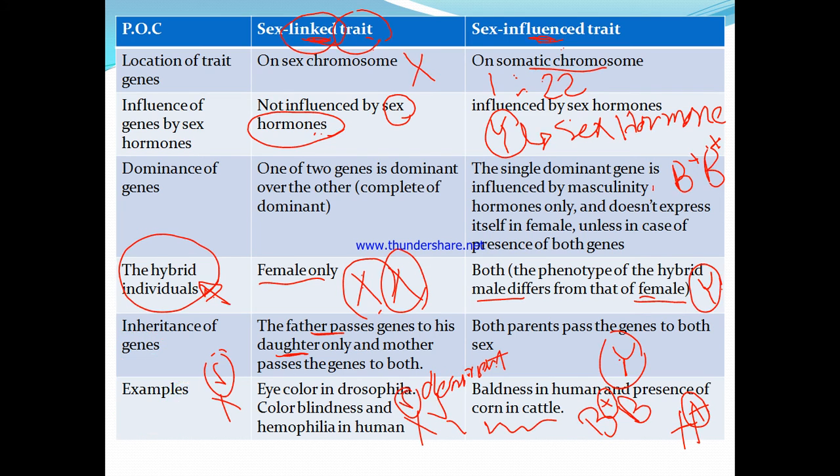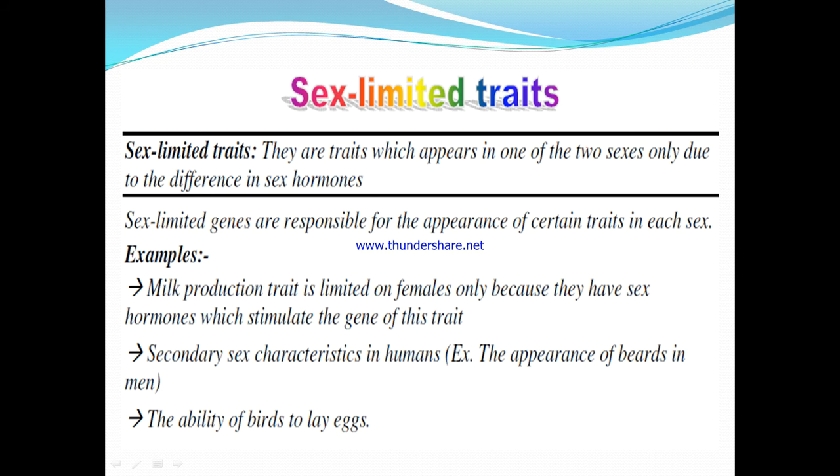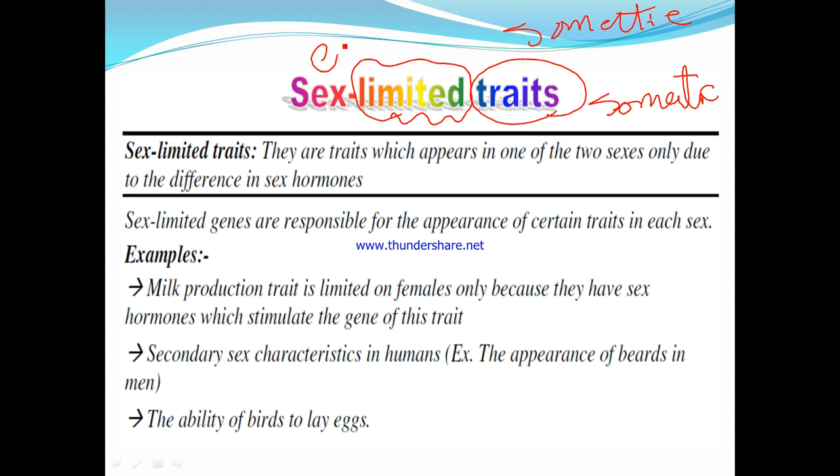Okay, now we talk about sex-limited trait, the last point in our session today. It is a trait from somatic type and also carried on somatic chromosome or autosome, but it's limited or exclusive to the sex.